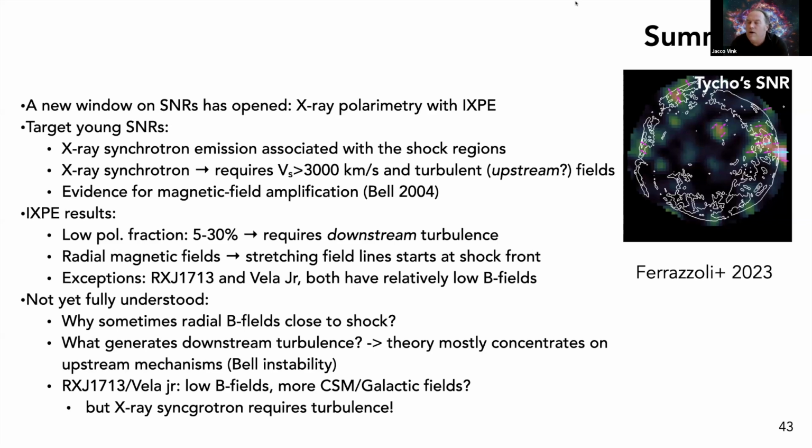So I naively always thought the X-ray synchrotron has to do with very efficient cosmic ray acceleration, and that efficient cosmic ray acceleration automatically means a radial magnetic field and a high level of turbulence. And RCW 1713 is a little bit surprising in that sense, I would say.